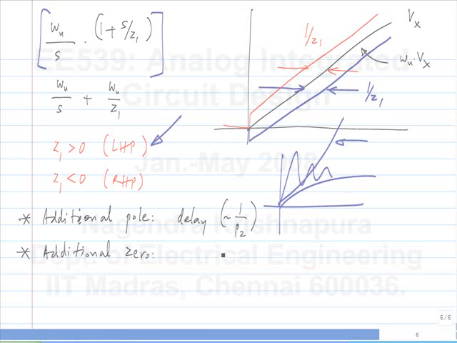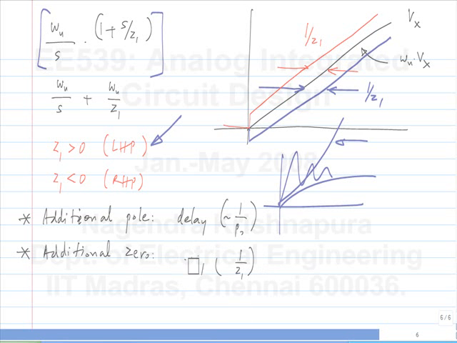And an additional 0 is again a delay of minus 1 by Z1. Here I have chosen the convention so that if P2 is positive, it's in the left half plane, because we are only talking about left half plane poles. So here the delay is 1 by Z1. So if Z1 is negative or in the left half plane, then we will have an advance.